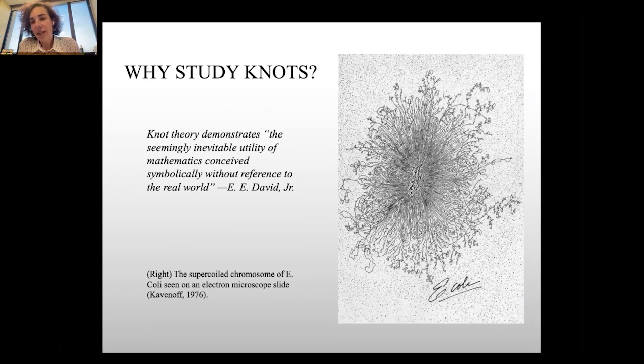So it was shown back in the 1950s and the 1960s using autoradiography and electron microscopy that E. coli and other bacteria have long circular molecules of DNA. And in the case of E. coli, it's about 4.6 million base pairs packaged into a really tiny space.